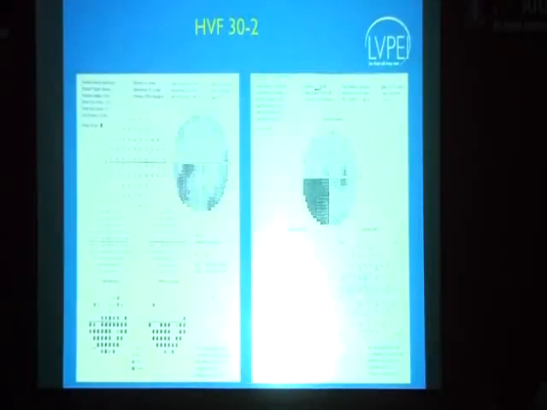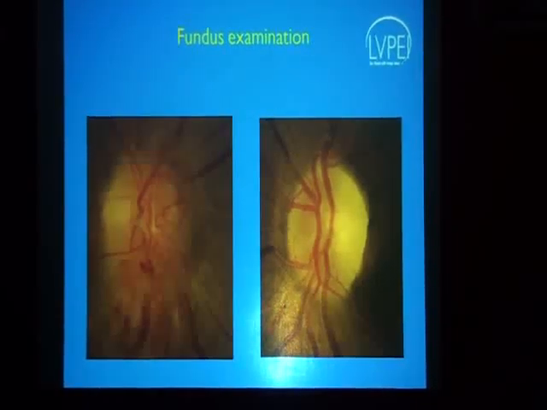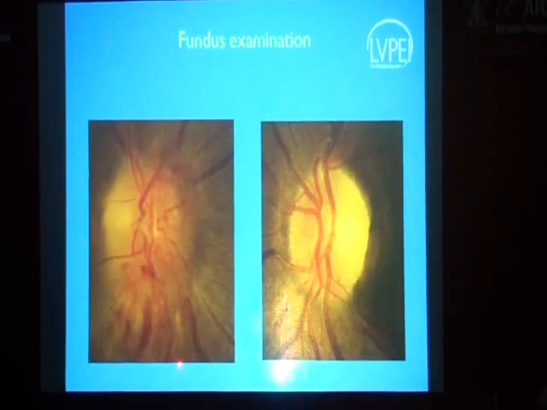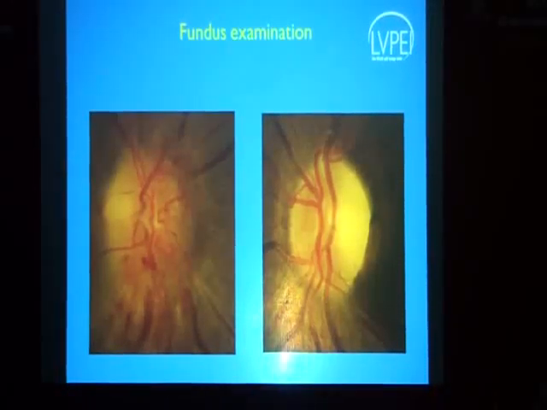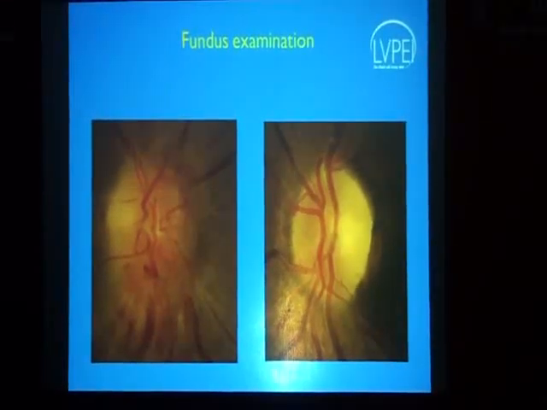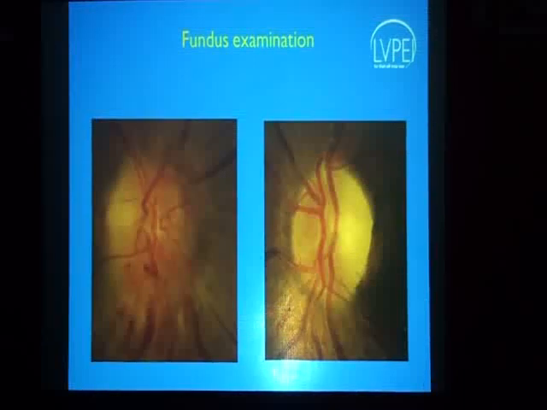So I would just like to stop here and say that with this kind of history, what would you tell the audience, this process of disc edema, is it from the optic nerve, is it from the eye or the brain? The disc edema is not that severe, like we were discussing before. It's more of a clue. This typically has been described as a Foster Kennedy or a pseudo Foster Kennedy, where we have a swollen disc in one eye and a pale disc in the other.